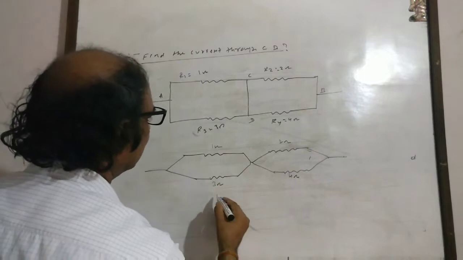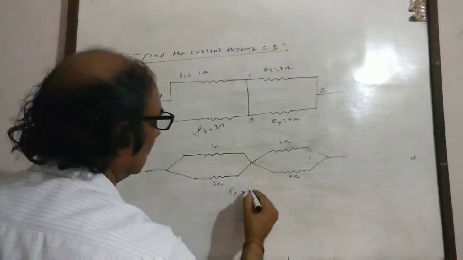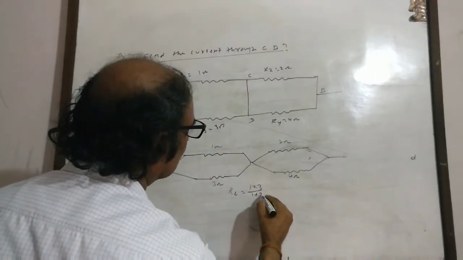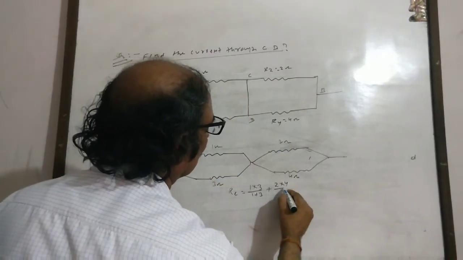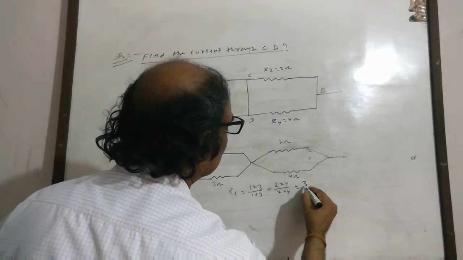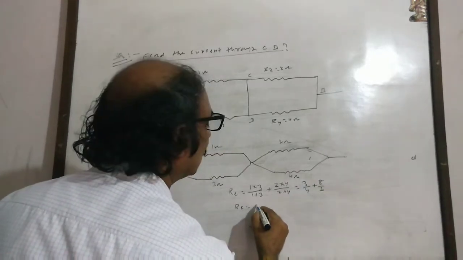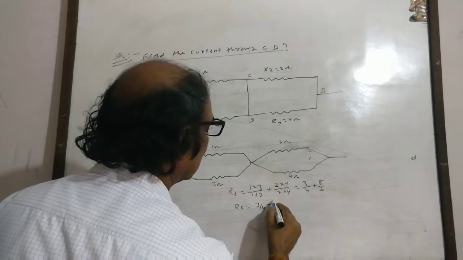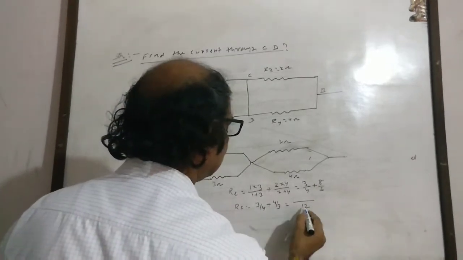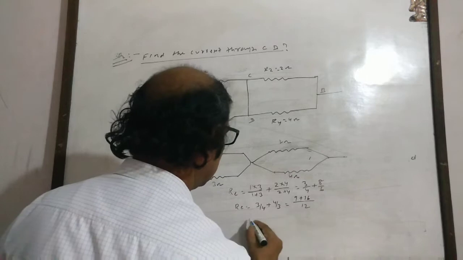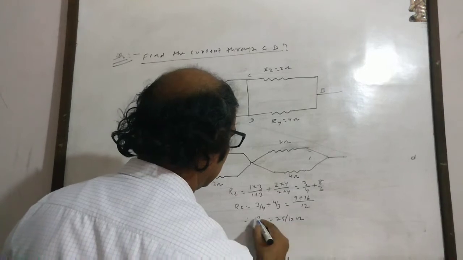So to find the total resistance, R equivalent equals 1 into 3 by 1 plus 3, and from this side plus 2 into 4 by 2 plus 4, equal to 3 by 4 plus 8 by 6, and hence R equivalent equals 3 by 4 plus 4 by 3, equal to 9 plus 16 by 12, and therefore R equivalent equals 25 by 12 ohm.